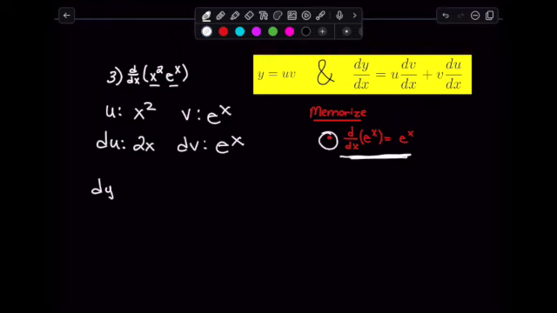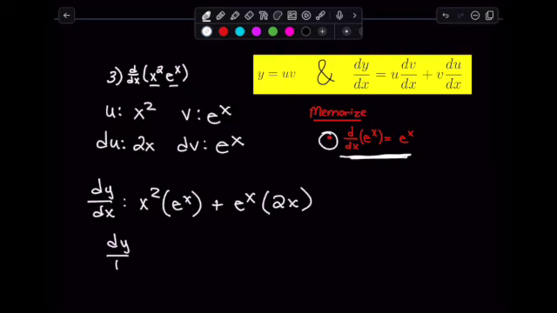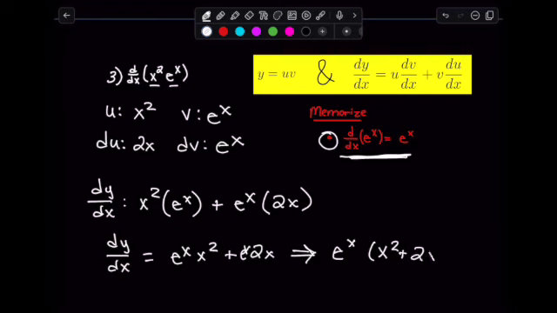Plugging that all in, dy/dx equals u, which is x squared, times dv/dx, e to the x, plus v, which is e to the x, times du/dx, which is equal to 2x. Simplifying that further, we get e to the x, x squared, plus e to the x, 2x. If you really wanted to, you could pull out an e to the x times x squared plus 2x, and that will be the same answer.